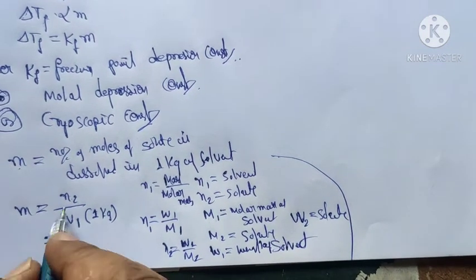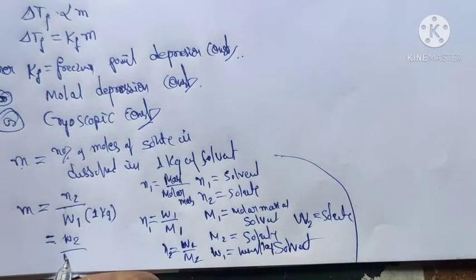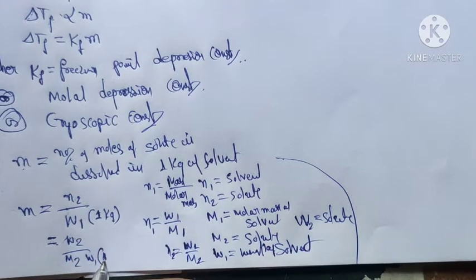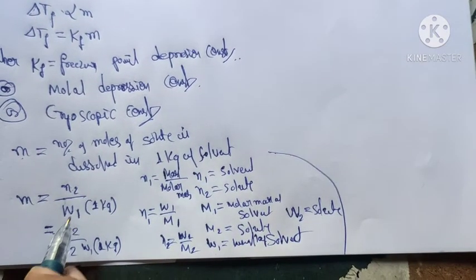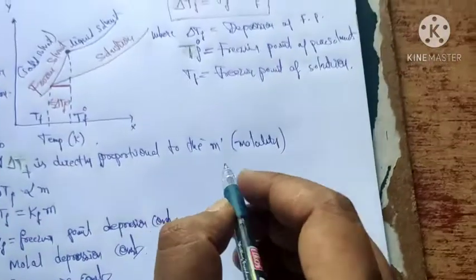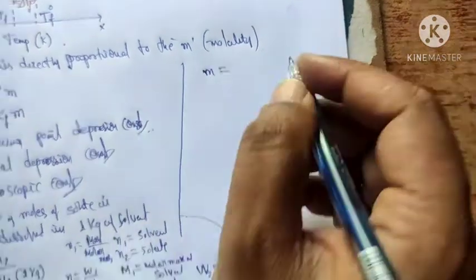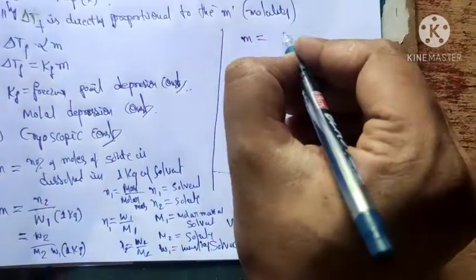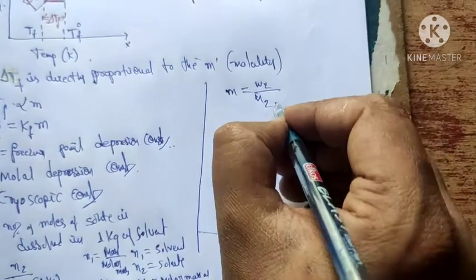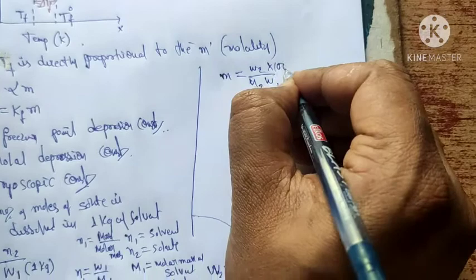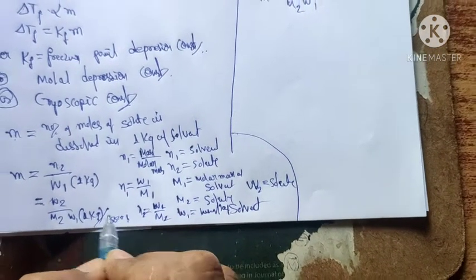Substitute here: N2 is W2 by M2, over W1 in kg. So small m is W2 by M2 W1 into 1000.